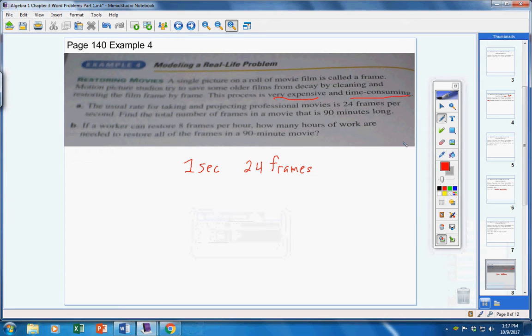So students, let's think about this for a second, okay? We have a ratio here, or rate, 1 second equals 24 frames. Now, the movie is 90 minutes long, so I think it'd be helpful if we converted that to seconds. So every minute has 60 seconds, so 90 times 60 would be 5,400.